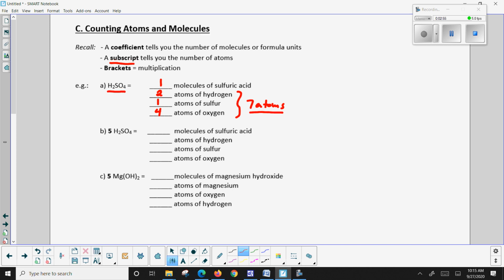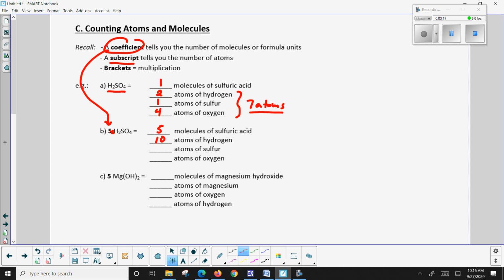Now, the coefficient is the next thing that's significant. This tells you how many molecules we have. So for example, here, I've got 5 of these molecules of sulfuric acid. So I've got 5 molecules. Now, how many atoms do we have? I don't just have 2. I've got 5 times 2, or 10 atoms altogether.